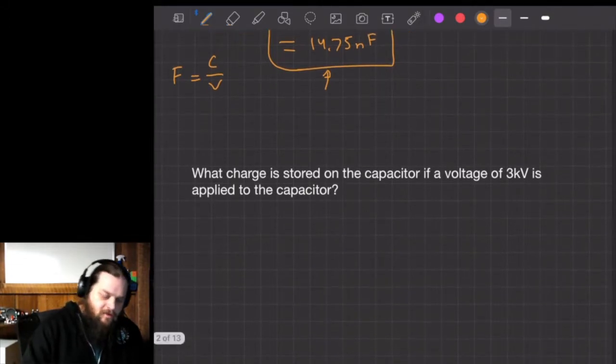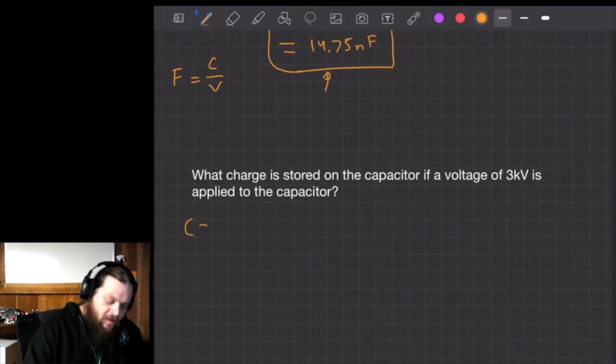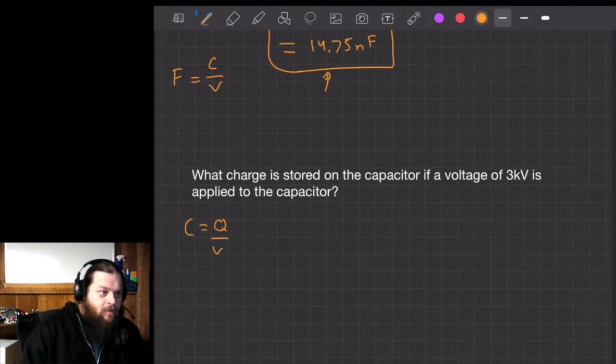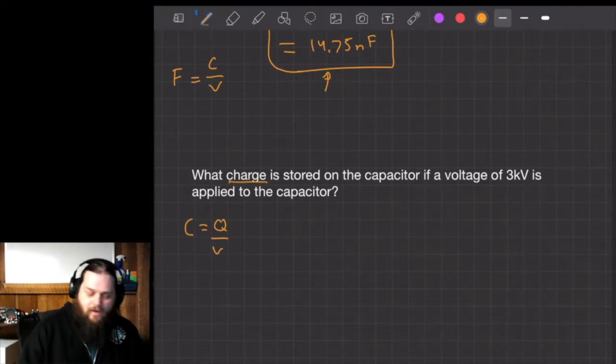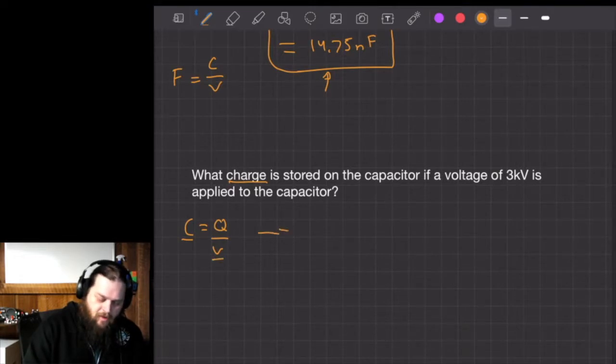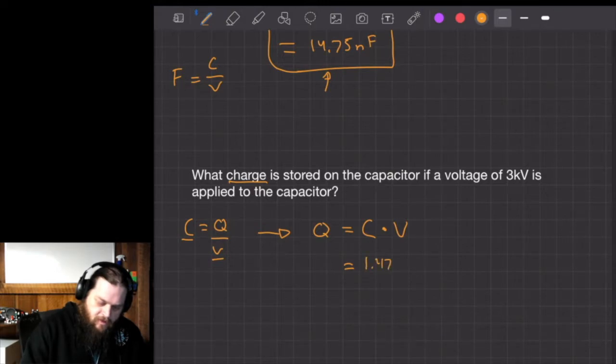So we can use this relationship that we had where C is equal to Q over V, and we can use that to solve for the charge that's stored on there, because now we know the capacitance and we know the voltage. So rearranging this, we can see that Q is just equal to that capacitance times the voltage, which is going to be equal to, I'll say 1.475 times 10 to the negative 8 farad.